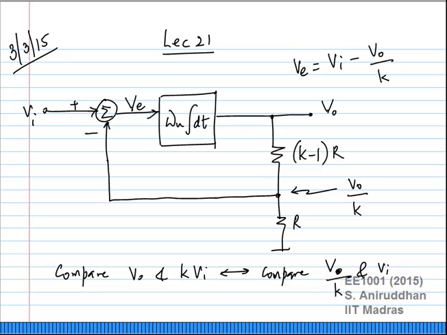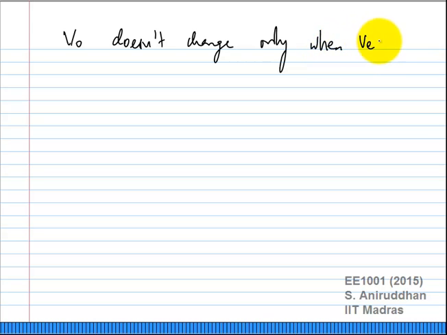The only way VO will reach some sort of steady state will be when VE is equal to 0. Is that clear? So this is clear.